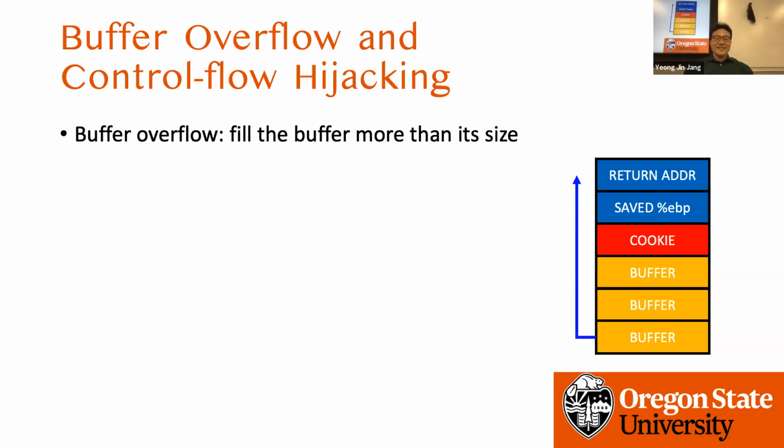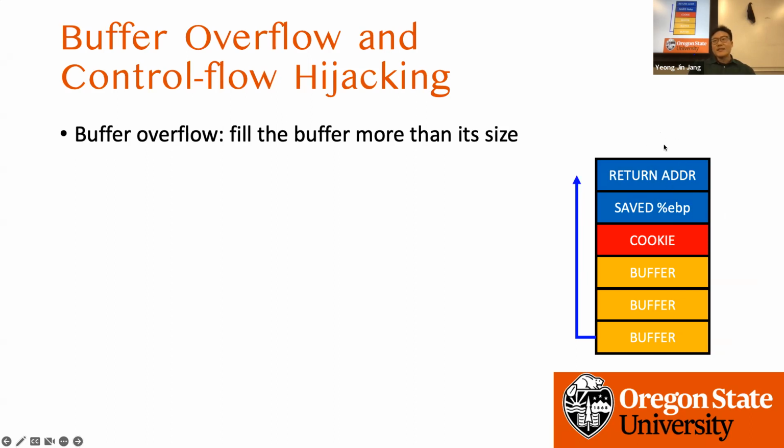All right. So previously we learned about the buffer overflow and the control flow hijacking attack. The reason why the program suffers the buffer overflow attack is that it gets more bytes than the buffer should hold, and also because the buffer is adjacent to sensitive data, so-called control data, including the saved frame pointer and the return address.